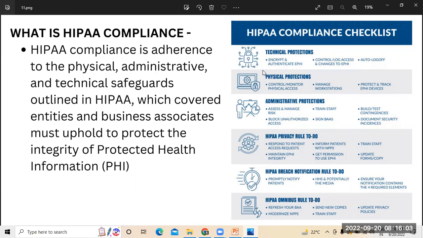Controlling and monitoring the physical access will be given to the limited members who are really working on it, not for everyone else here.